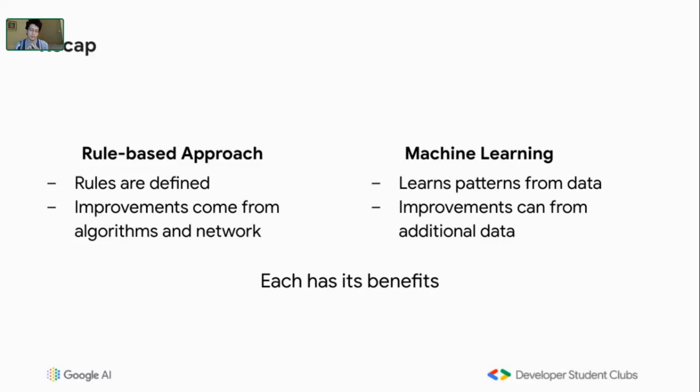It's learning whatever you want it to learn through examples, and like some of you pointed out, it can improve from additional data. That's a great thing because with rule-based you have to go and recode it, but with this you just feed more data.